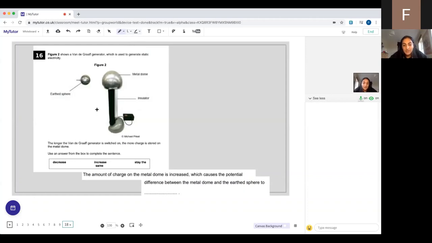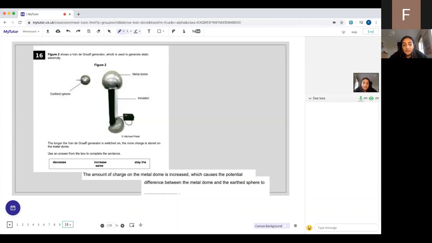They don't need to be touching. Now, the transfer of electrons creates a potential difference. So the amount of charge on the metal dome is increased, which causes this potential difference between the metal dome and the earth sphere.